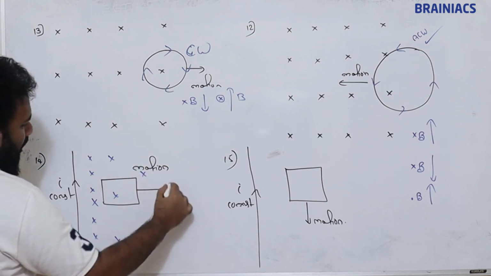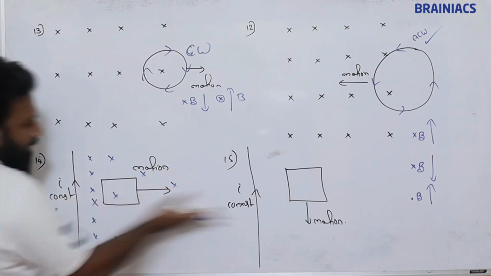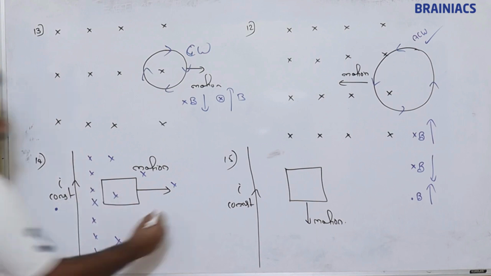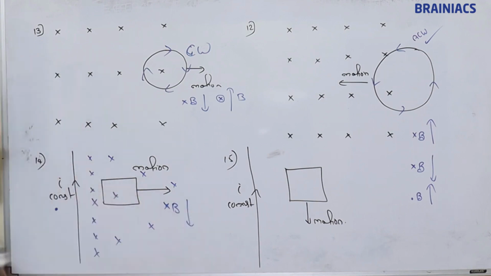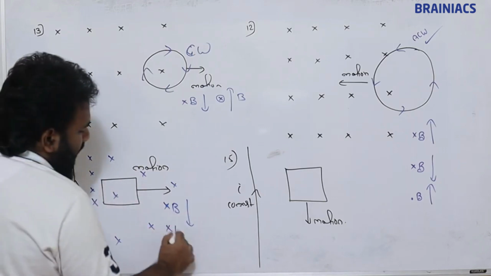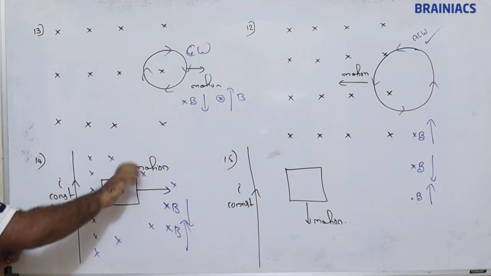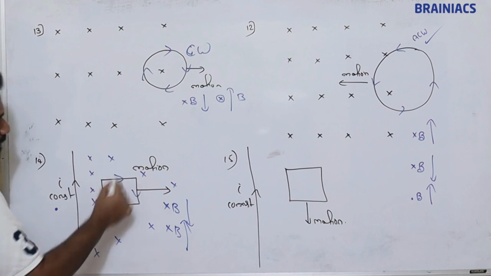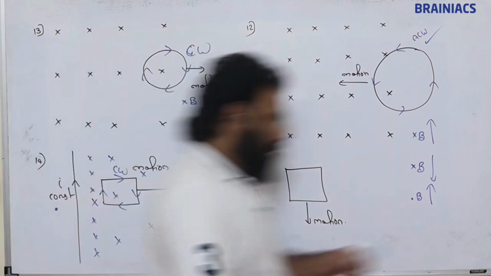So the intensity will be decreasing as we move away from the wire, which is the reason for making the magnetic field. So we can say that cross magnetic field is decreasing in this coil. So it will try to increase cross magnetic field which is going up. So this should be the direction of current. So clockwise. Clear? Done?